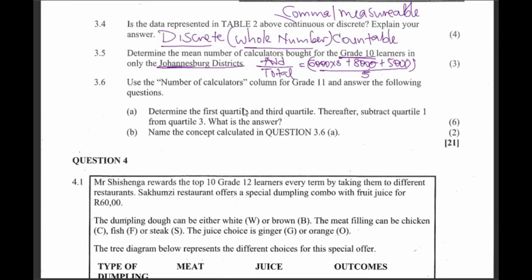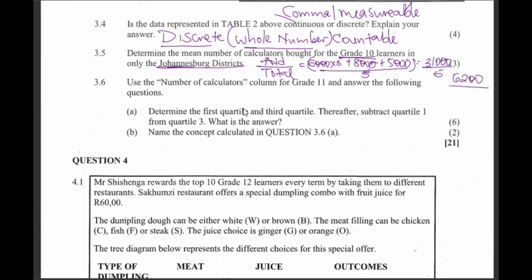We're looking for mean. So it's 18,000 plus 13,000. The answer becomes 31,000. Please divide this by 5. The average. So we end up having 6,200. All right, there we go.